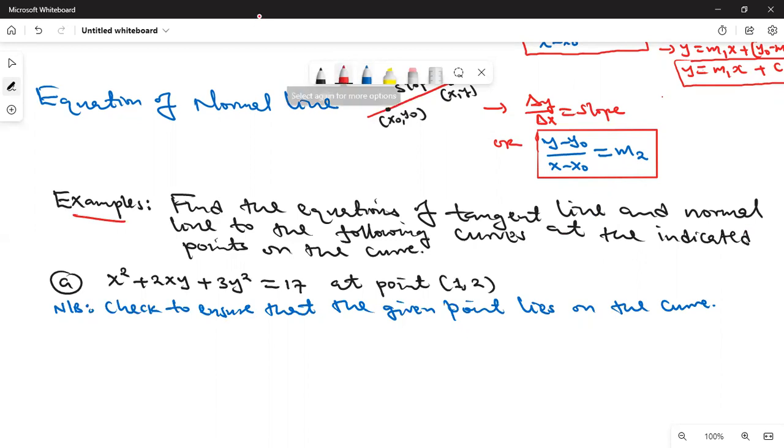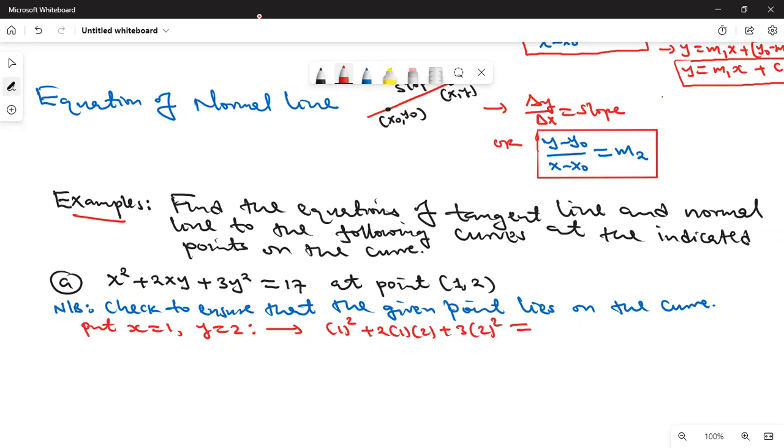X value is 1. Put x is 1, y is 2. So what do we get? That means 1 squared plus 2 into 1 times 2 plus 3 into 2 squared. What is it equal to?